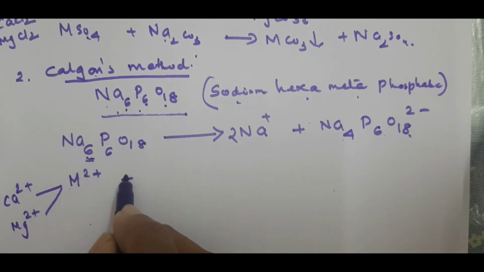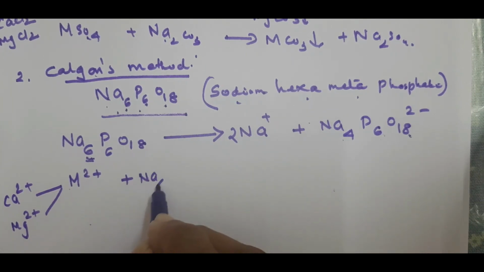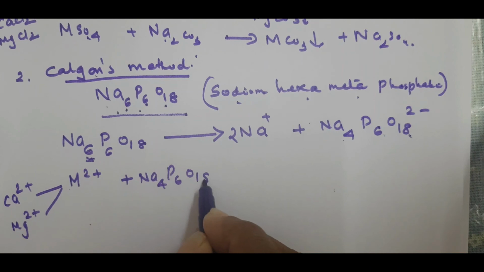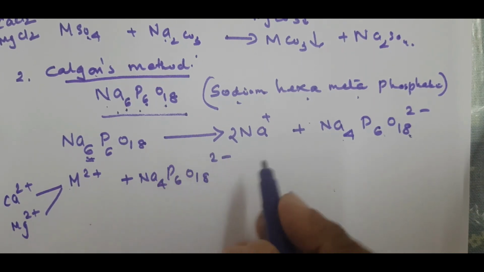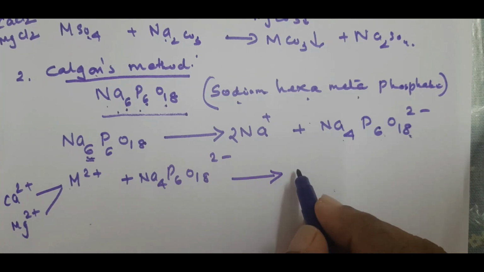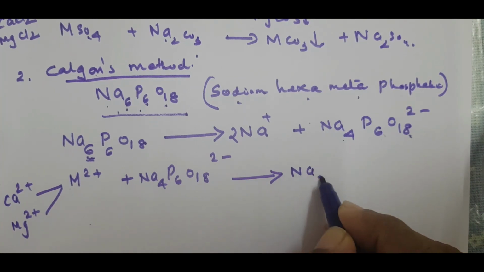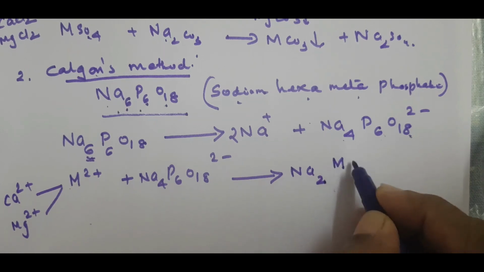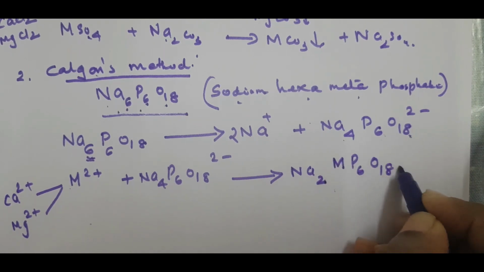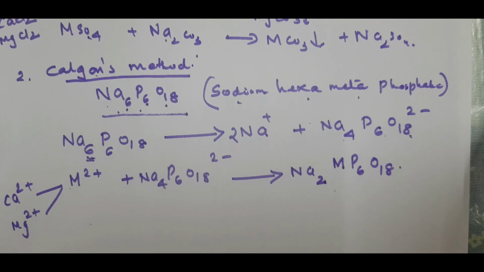So, M2 plus plus this Na4P6O18 2 minus. Okay, 2 plus and 2 minus. What will it form? It will form Na2P6O18. Listen carefully.